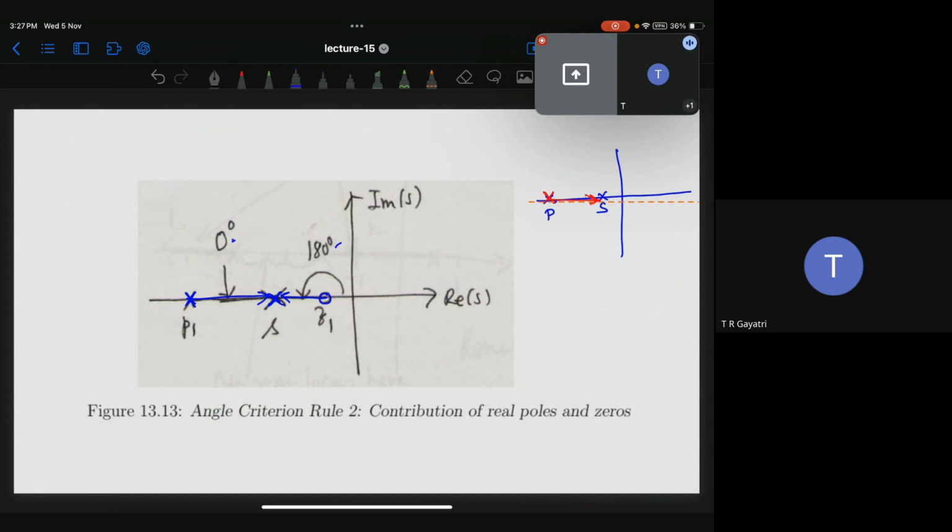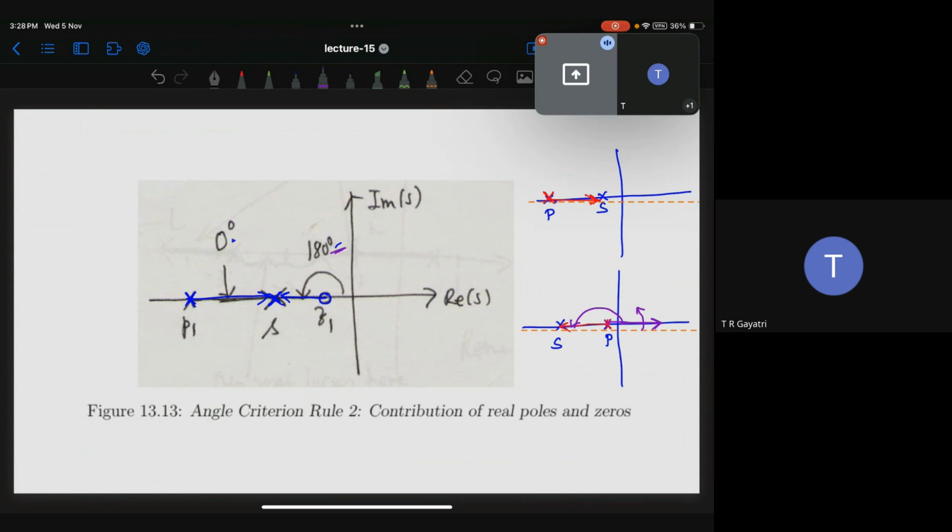The other way is, let's say you have this S here, and this pole here. You want to find the angle from the pole to S. Basically you start with the horizontal line and slowly move it like this. How much angle does it have to go to reach here? 180.